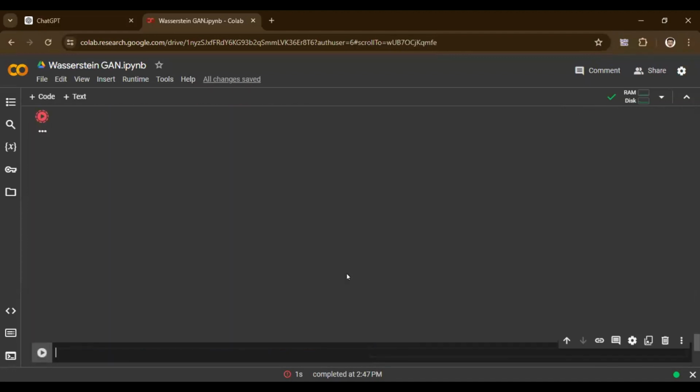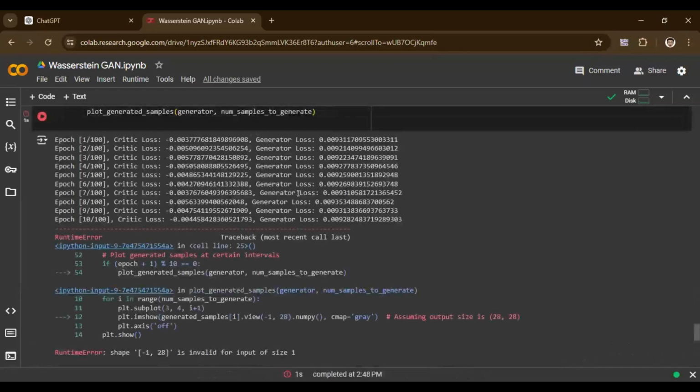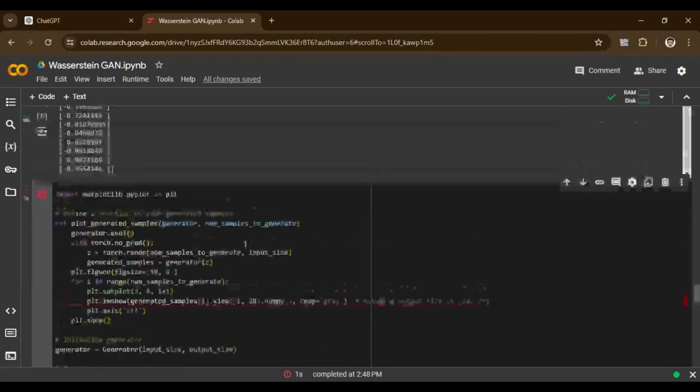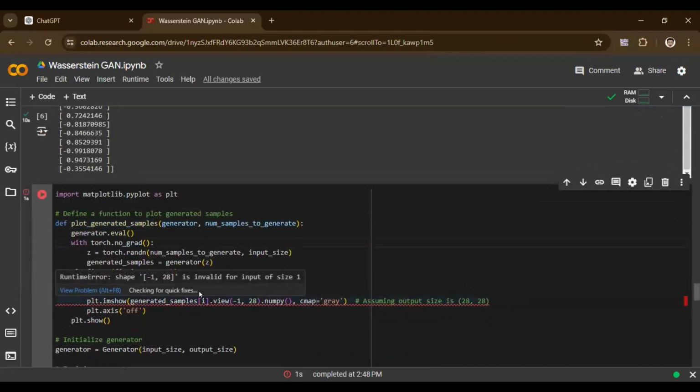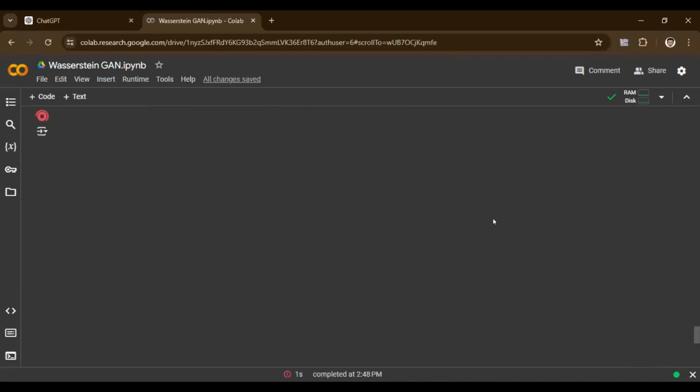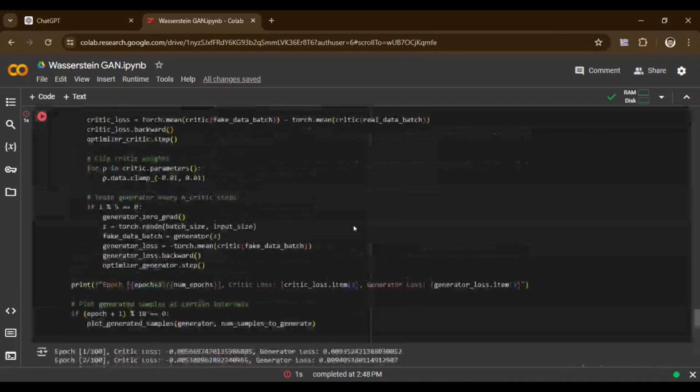Okay. For this one, it tries to change the shape. Let's see the plot functions. It will show generated samples view from -1 to 28. Let's see if we can try this one. Valid shape.